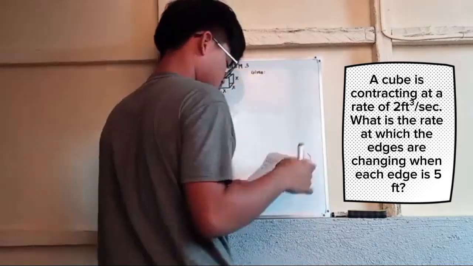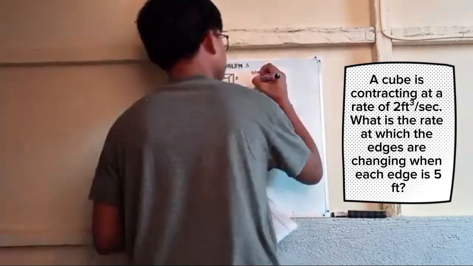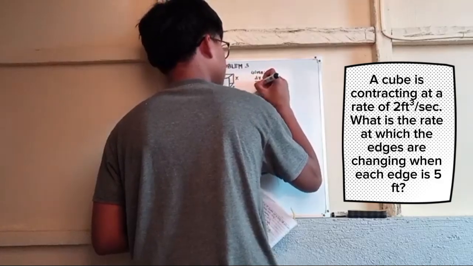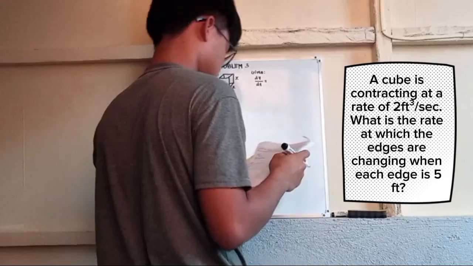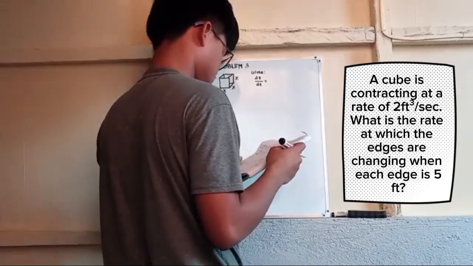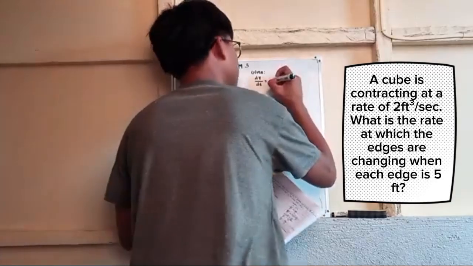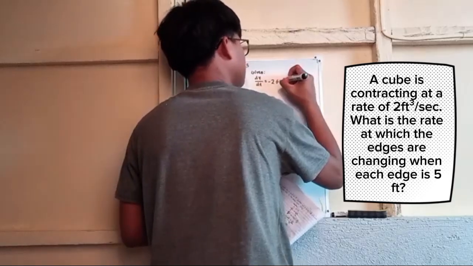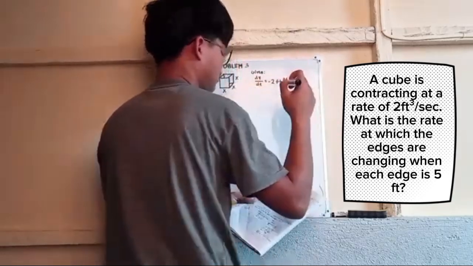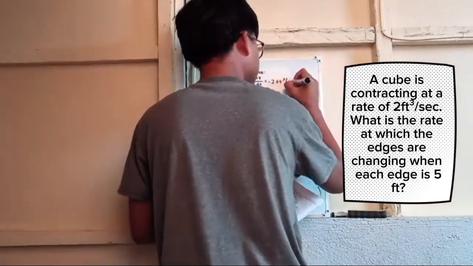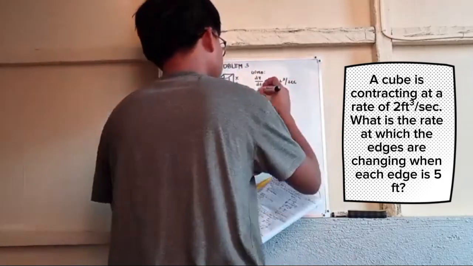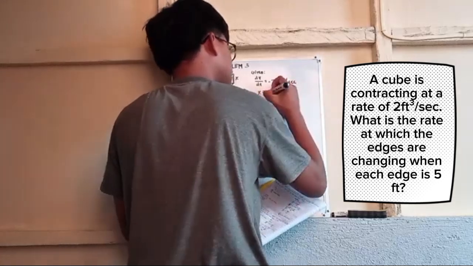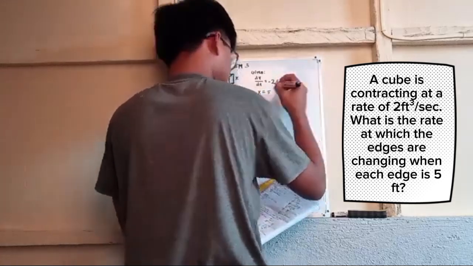So the given is the decreasing rate of our cube, which is equal to -2 feet cube per second. Then the value of x is equal to 5 feet.